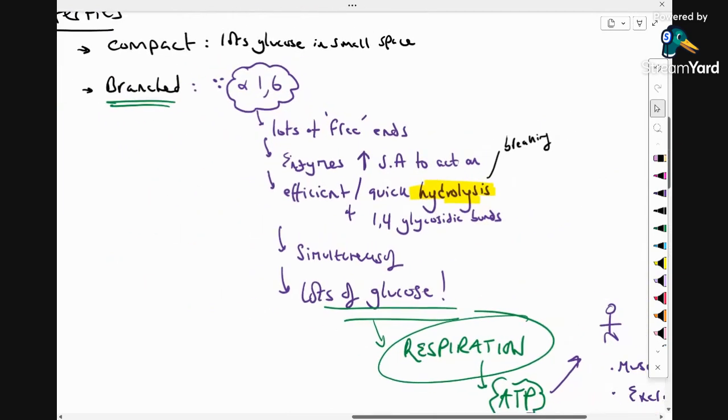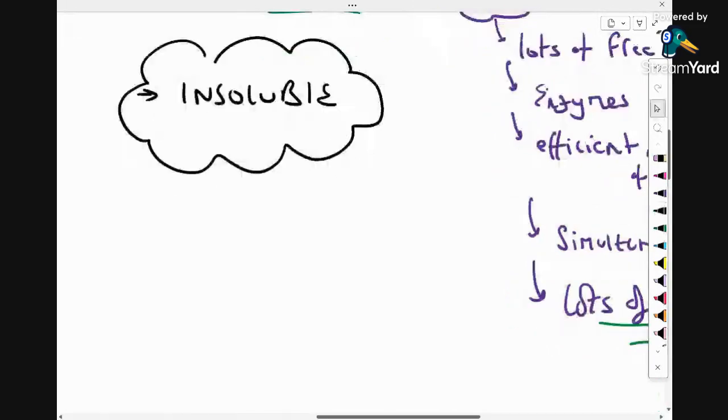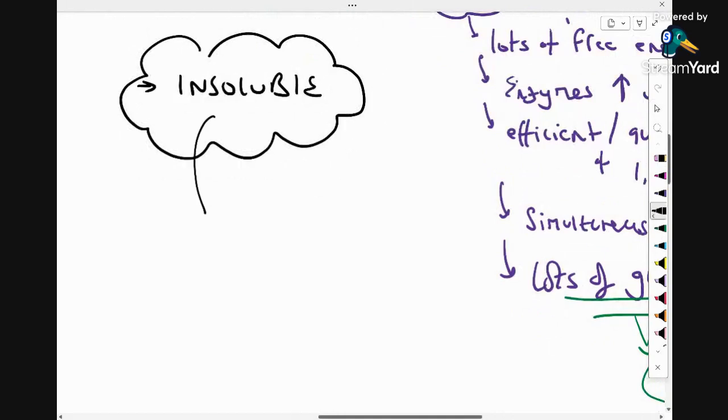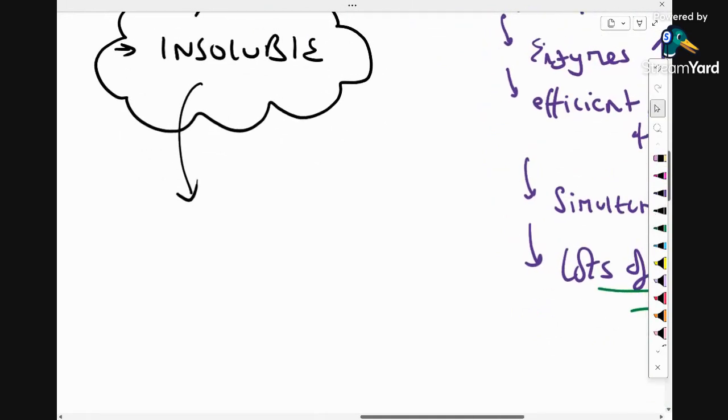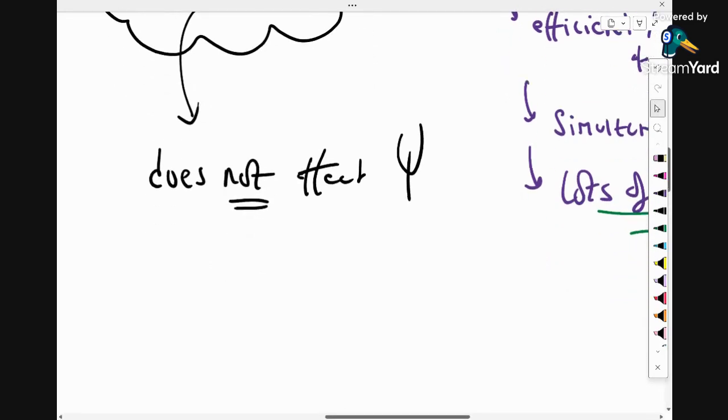What's the important property of glycogen being branched? The next thing to point out about glycogen is it's insoluble. This is important, and if you look back at your water potential notes, I'm not going to cover water potential here and now. If it's insoluble, it does not dissolve in solution. It therefore does not affect water potential, given this symbol here.